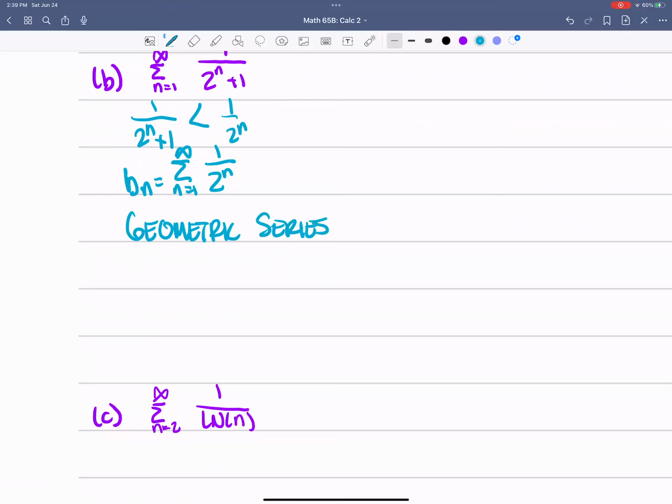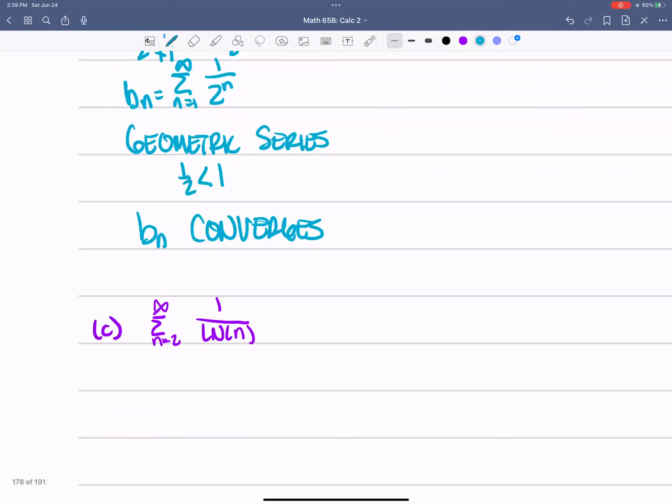Since we have a geometric series and 1/2 is indeed less than 1, we have b sub n converging. And because b sub n converges, and because b sub n is always smaller than a sub n, we also have that a sub n converges.